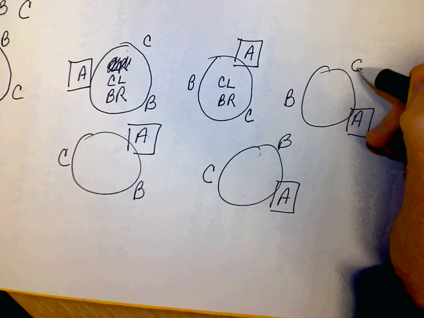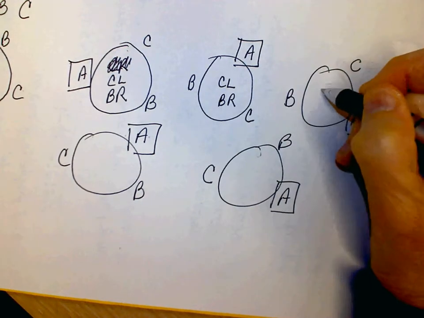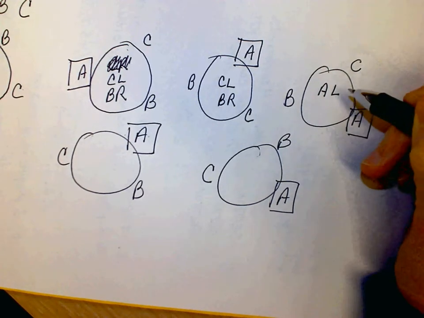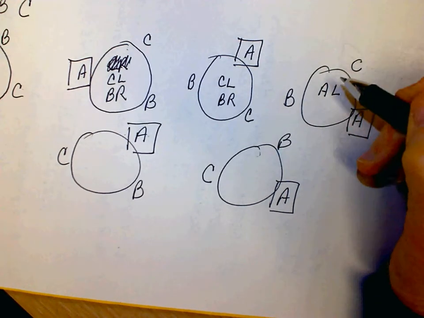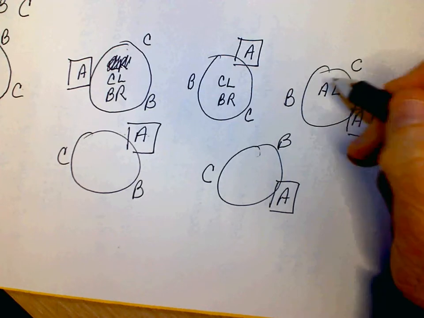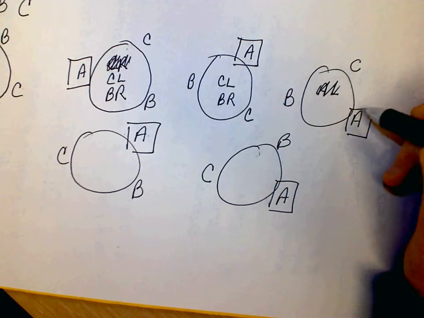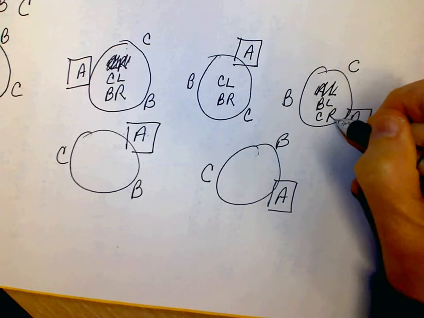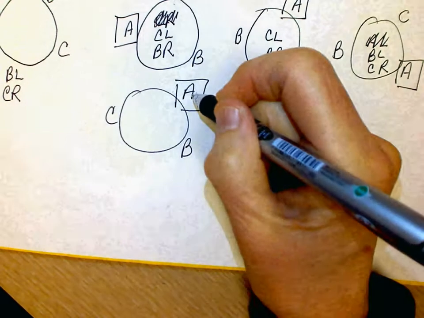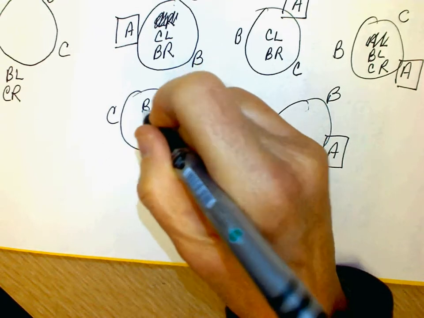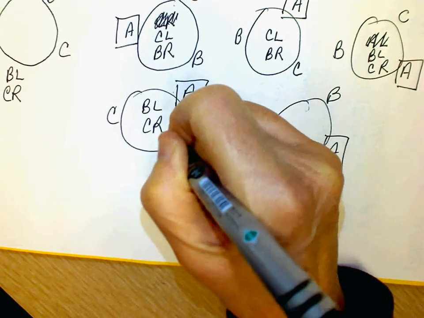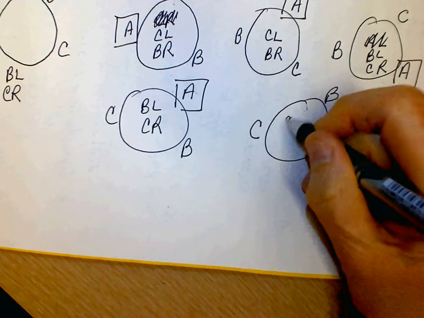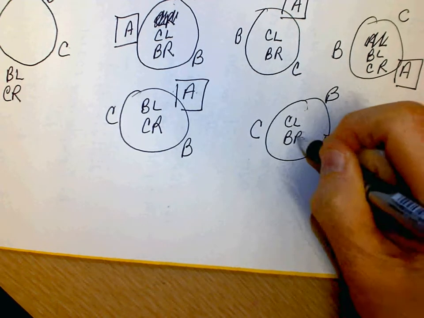If C is sitting here, A is to the left, and, sorry, we're focusing on A. Here, sorry, we're focusing on A. I always keep the focus on A. B is to the left, C is to the right. A is here, B is to the left, C is to the right. And for this one here, C is to the left, B is to the right.